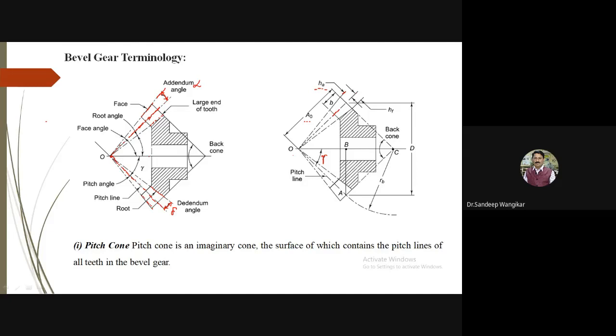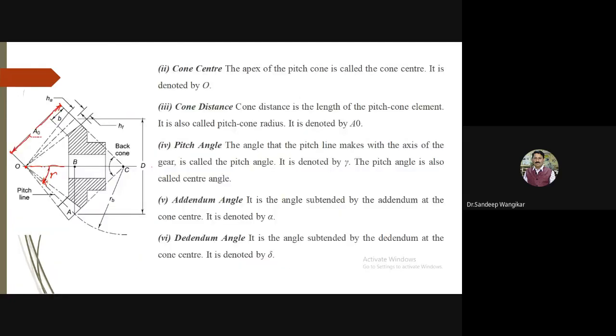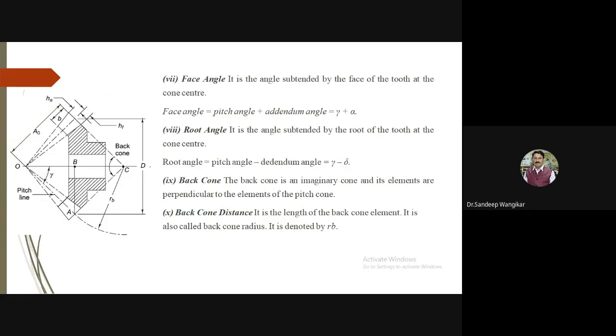So the face to center line is the addendum angle, and the pitch line to root is the dedendum angle. So the angle subtended by the addendum at the cone center is called the addendum angle, denoted by alpha, and the dedendum angle is denoted by delta. We have discussed which angle we call the addendum and dedendum angle by taking the reference of the figure. Now moving next, face angle.